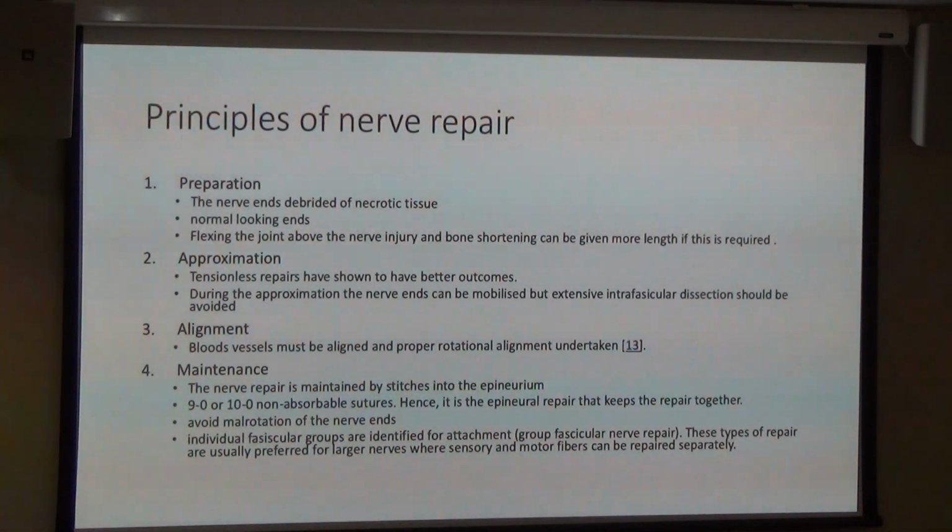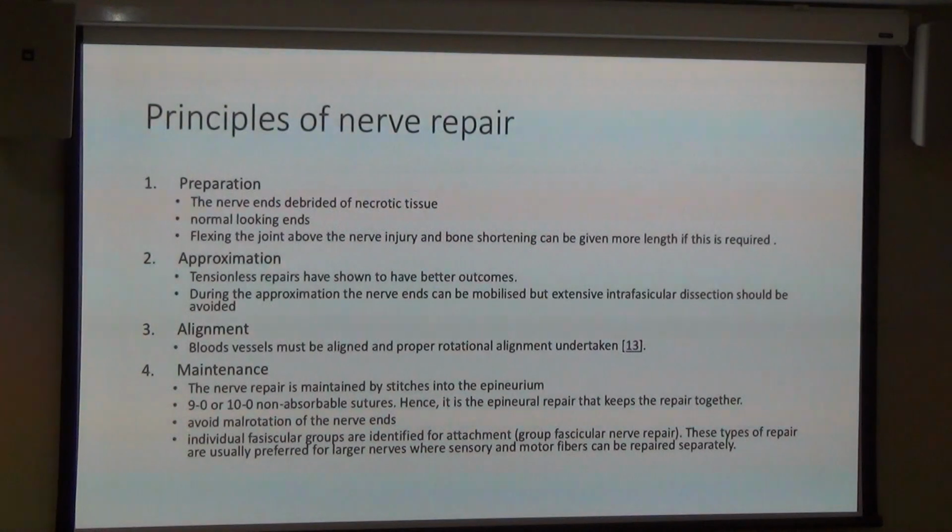Next thing you need to do is approximate, and there needs to be a tension-free approximation. There's loads of literature that supports this. Fundamentally, if it's at the level of a joint, the temptation is to flex the joint, then oppose the ends. But then, what do you do when you finish up? Put it straight again.